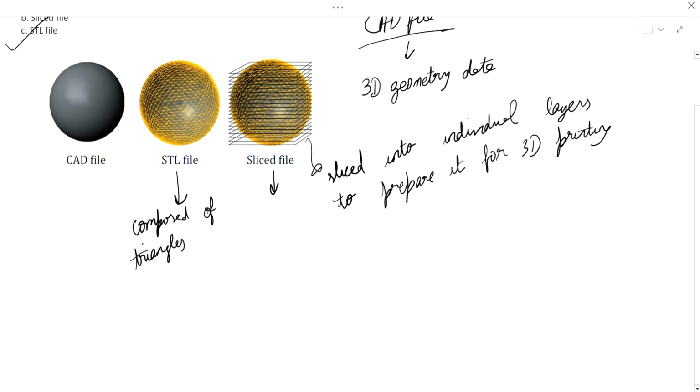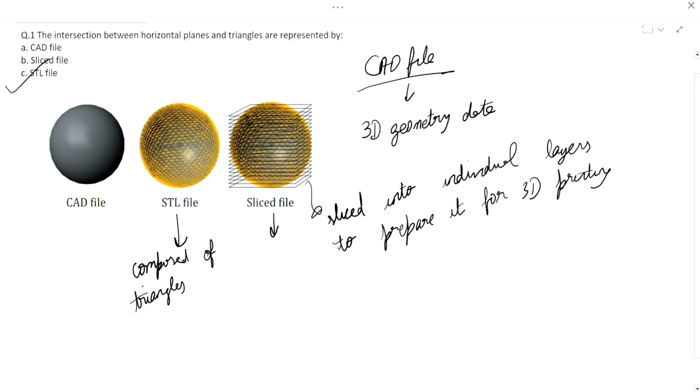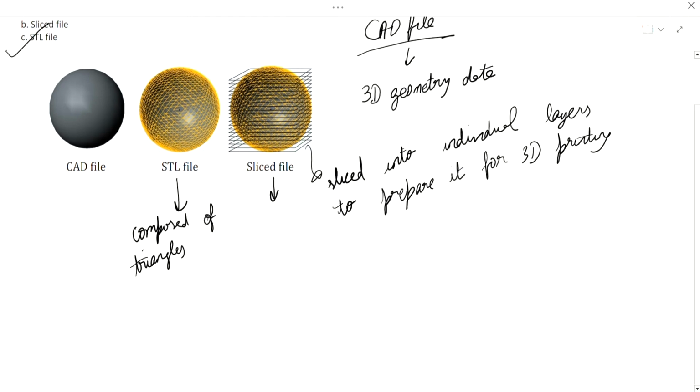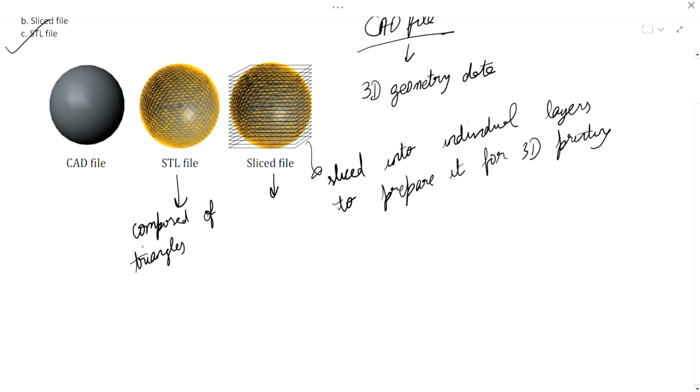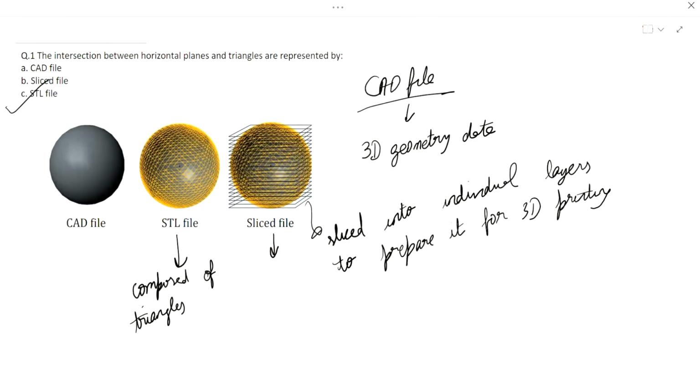These horizontal planes intersect with the 3D model and those intersections are represented by the triangles in the STL file. So the correct option is STL file. In short, the intersection between horizontal planes and triangles in 3D models is represented by STL files, and this format is the most commonly used for 3D printing and manufacturing processes.